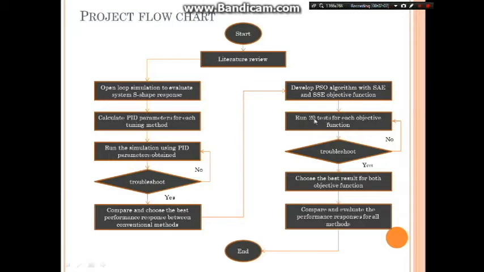After 20 test runs for each objective function, the best result for both objective functions is selected, and then we need to do the comparison and evaluate the performance response for all methods to find the best performance response.